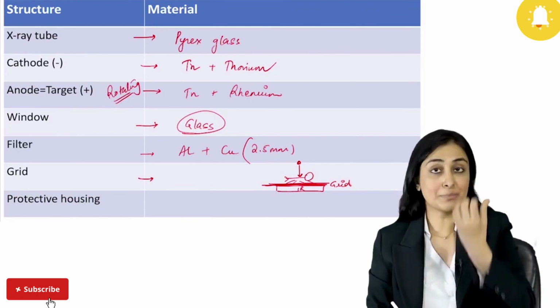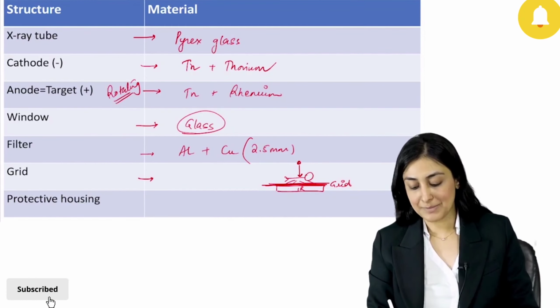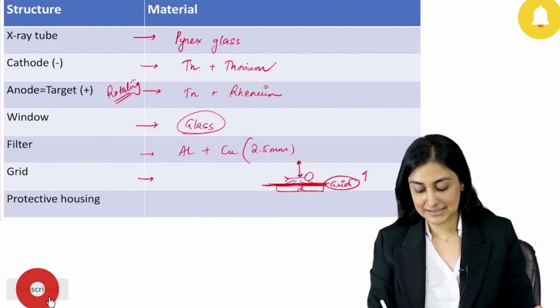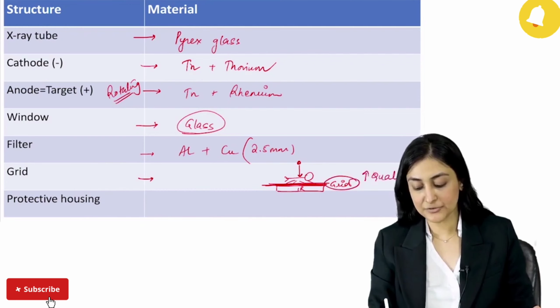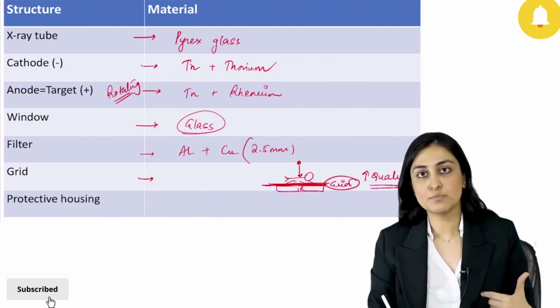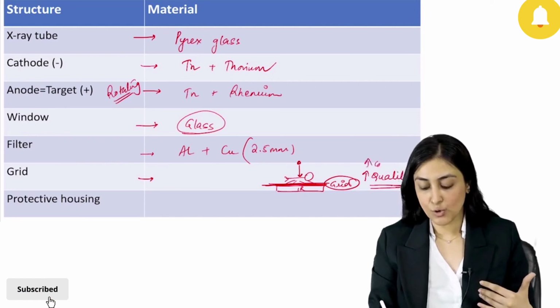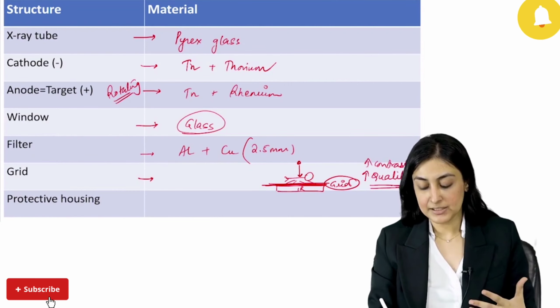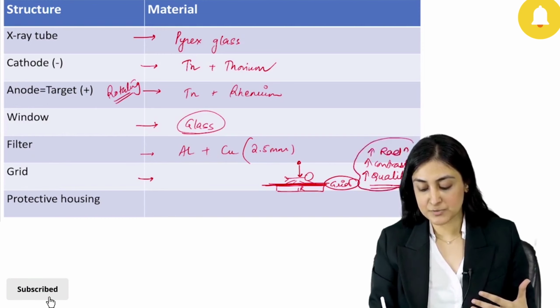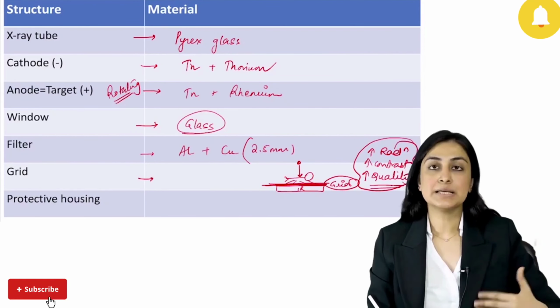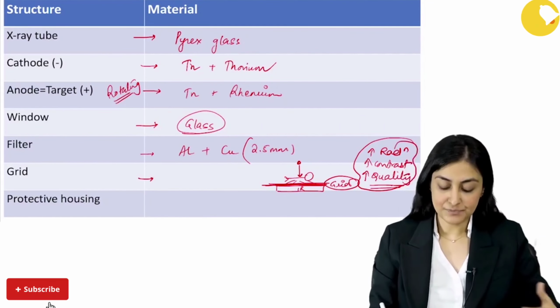Anything which is not perpendicular will be absorbed by this grid. So it improves the quality and the contrast of the resultant X-ray image, but the radiation is also a bit higher. So it also causes more exposure, but in turn improves the quality of the X-ray film.